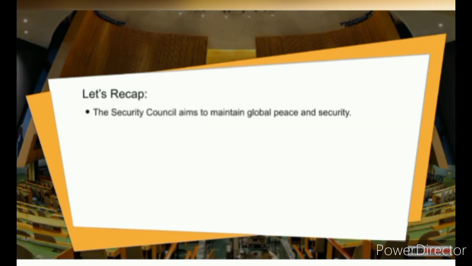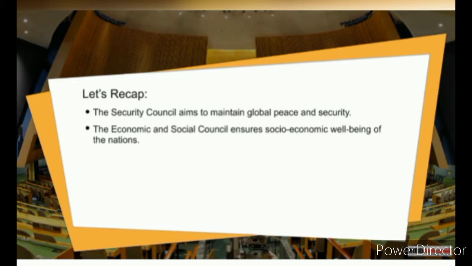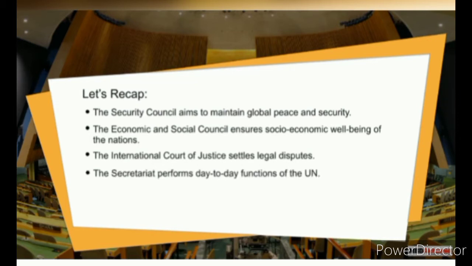The Security Council aims to maintain global peace and security. The Economic and Social Council ensures socio-economic well-being of the nations. The International Court of Justice settles legal disputes. The Secretariat performs the day-to-day functions of the UN.